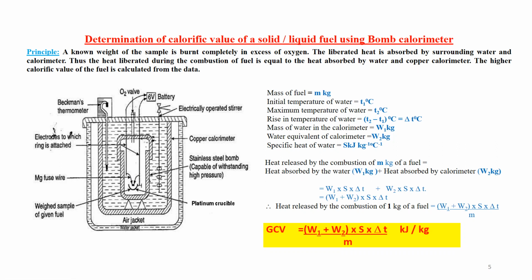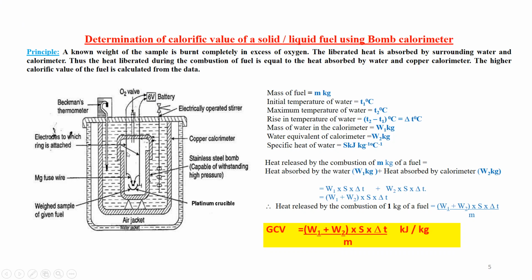Now, these magnesium fused wires are connected to two electrodes and these two electrodes are connected to an external battery of 6 volts. And there is one oxygen valve to supply oxygen, and usually we supply oxygen at 25 atmospheric pressure.